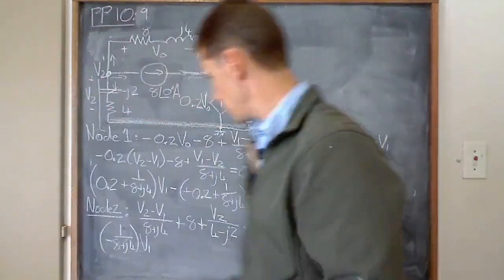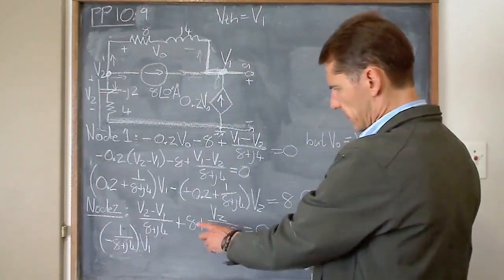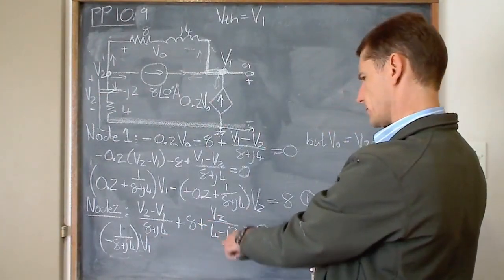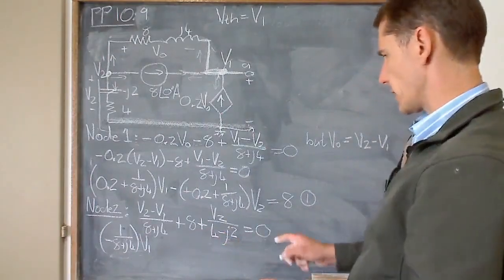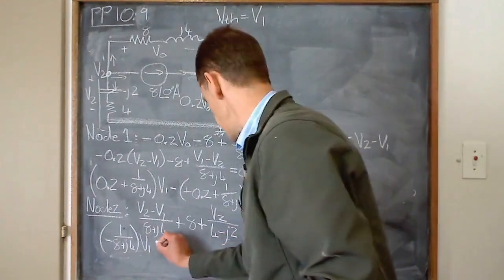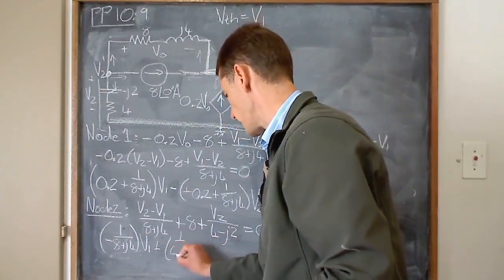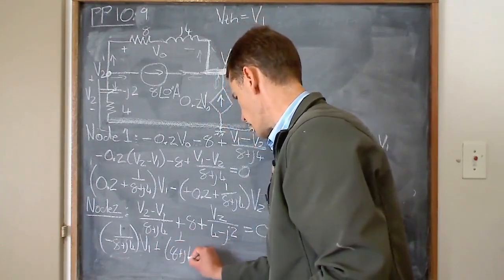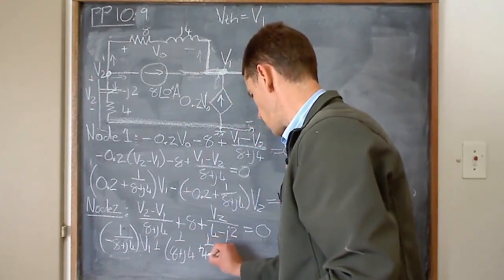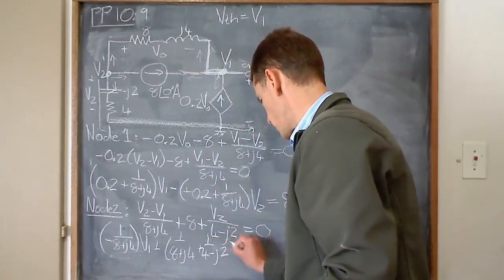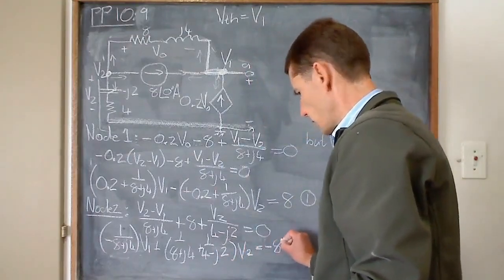Then for the V2s, there's that one, 1 over 8 plus J4, and there is just this one. What happened to, oh yeah, that's another equation. Alright, so then plus, I've got 1 over 8 plus J4 plus 1 over 4 minus J2. All of that times V2 must equal minus 8.